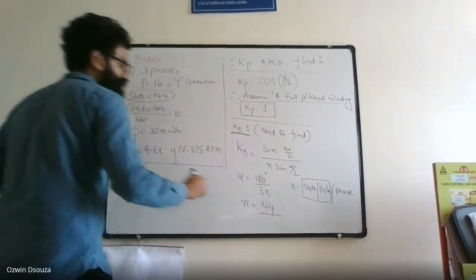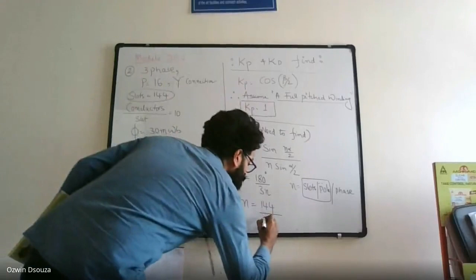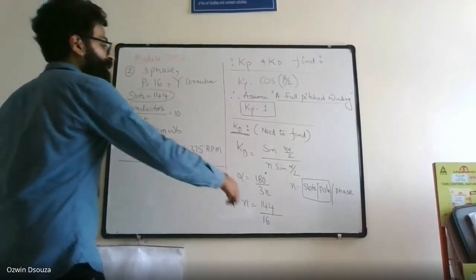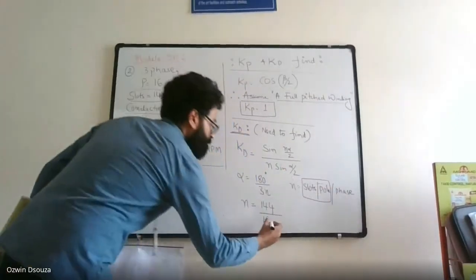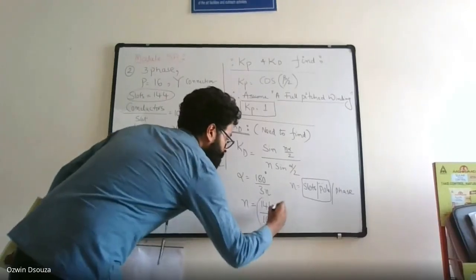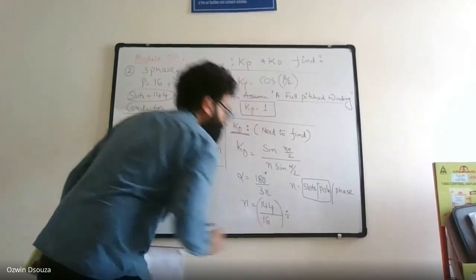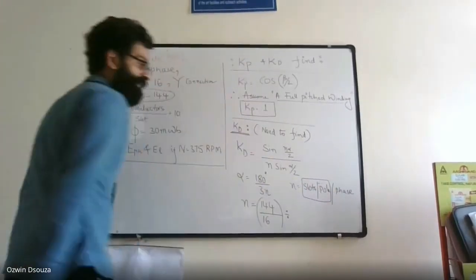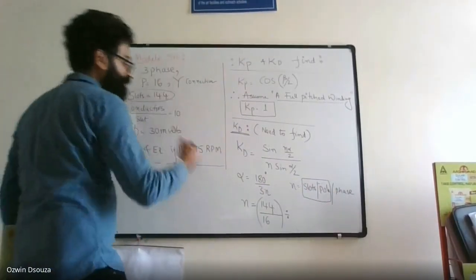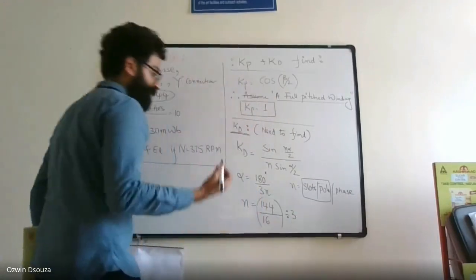How many poles? 16 poles. Divided by the number of phases. It's a 3-phase machine, right? So divided by 3.